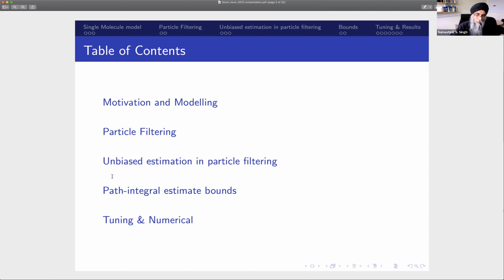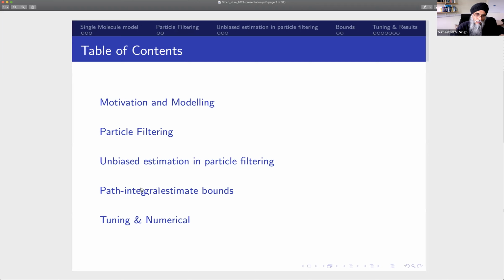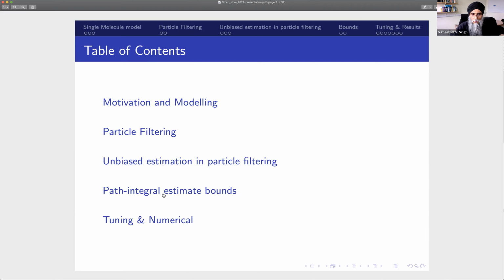We'll have to estimate something called a path integral. You'll see the mathematical definition of it. This is the cause of all our trouble, and we'll come up with some unbiased estimation techniques for this. And then I'll tell you about in what sense this algorithm is difficult to tune, if at all, and I'll show you some numerical illustrations.